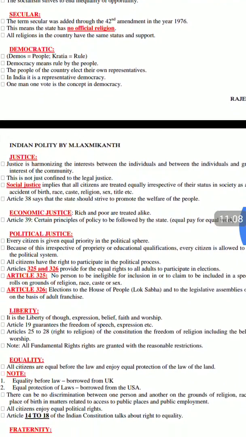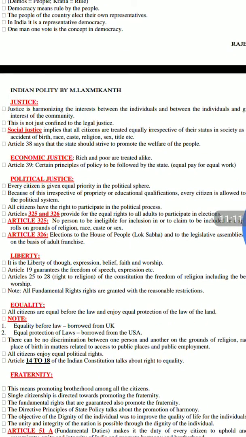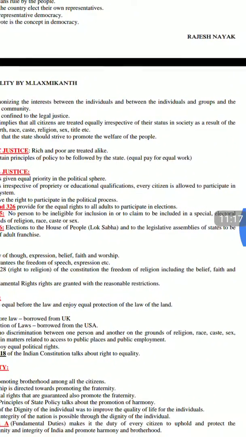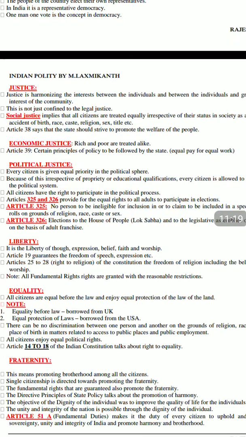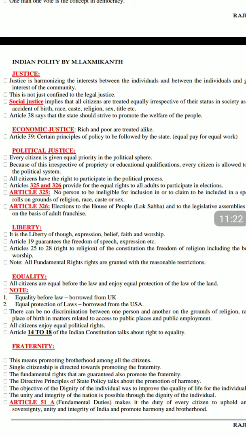Justice means harmonizing the interests between individuals and groups and the interests of society. Economic justice is under Article 39, certain principles of policy to be followed by the state.